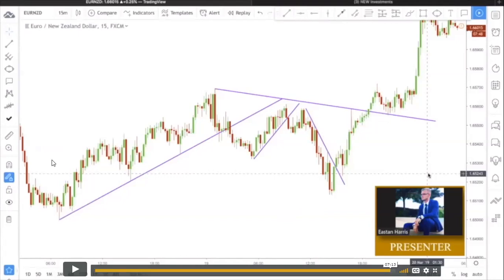Okay, so when it's a bullish trend, price is above the trend line. That means all the candles are going to be above the trend line. The trend line is going to be on the wicks at the bottom.